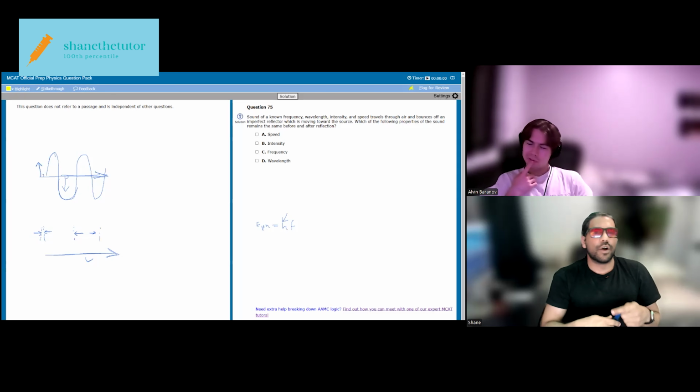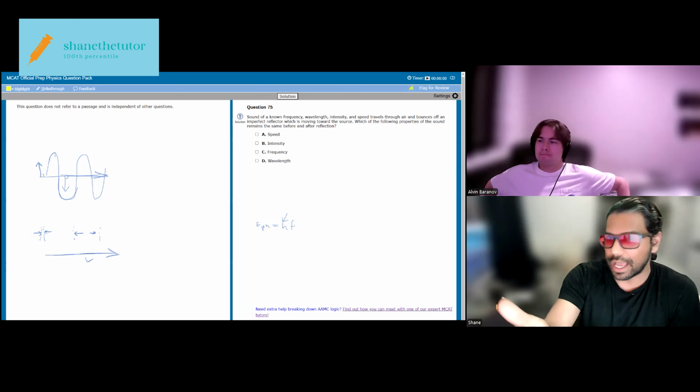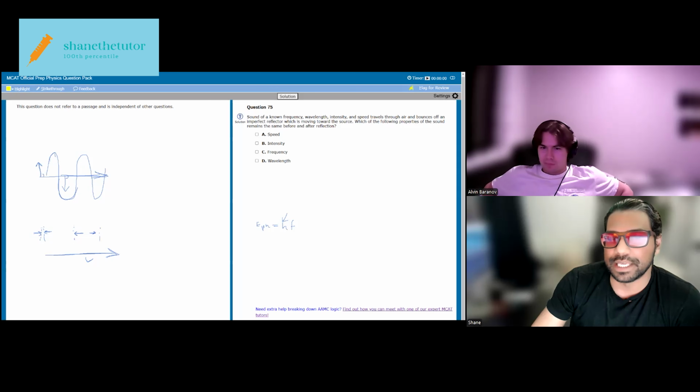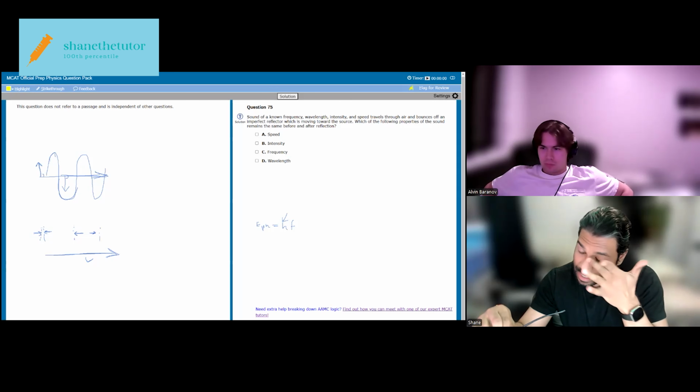Even if they were talking about light here, it still wouldn't be frequency, because frequency stays the same for light as you enter into a different medium.